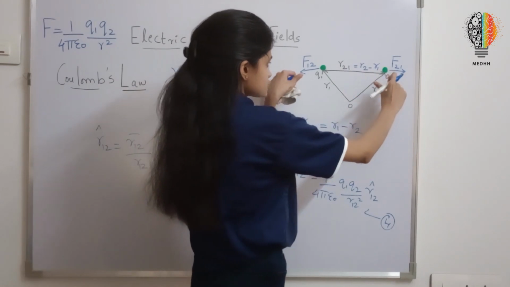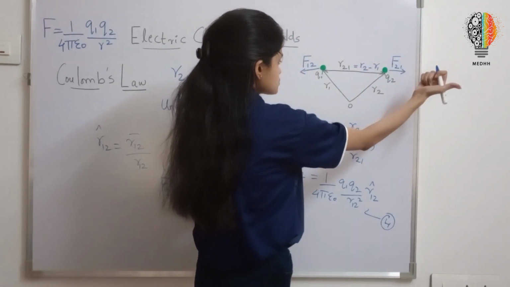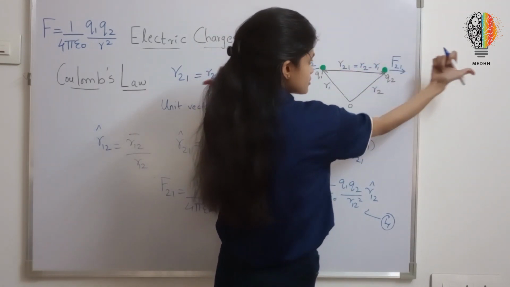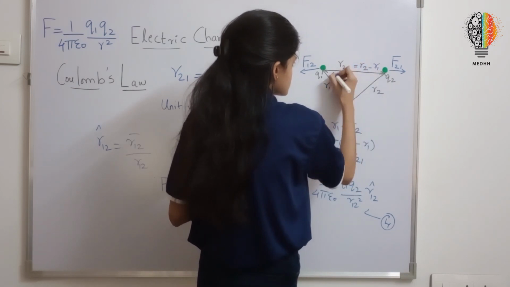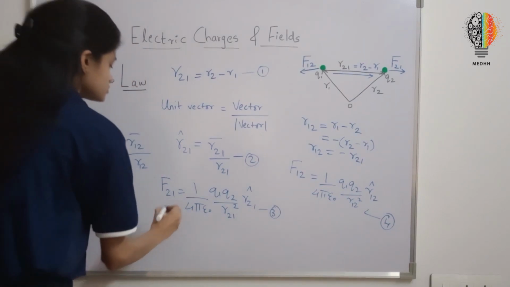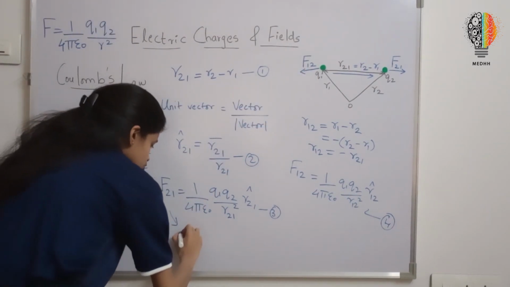If they both are like charges, there will be repulsion, right? For repulsion, that means both of them will be going in this direction. So this formula F21 is for like charges.